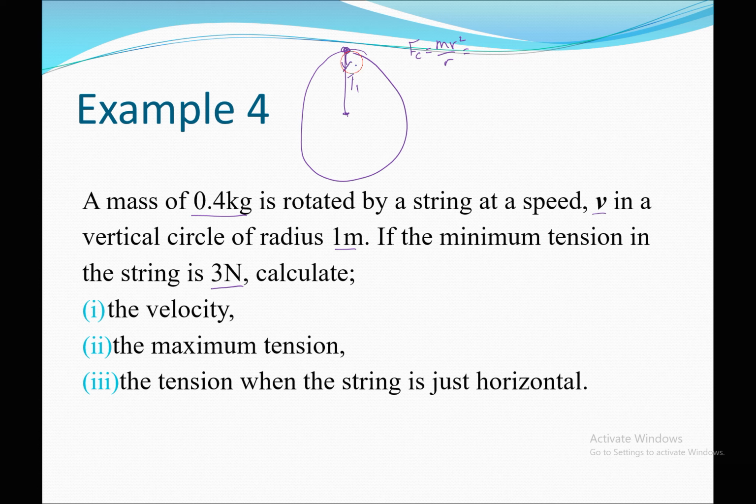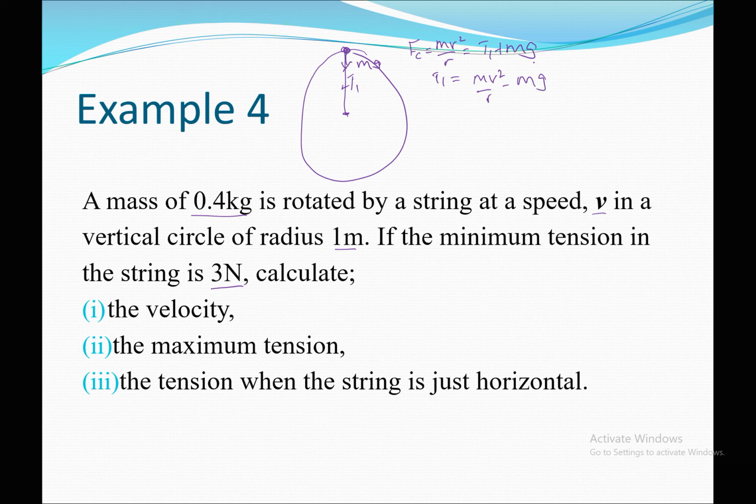The weight was acting vertically downwards, and the tension was also acting towards the center of the circle. So it is T1 plus mg. So it means T1 is equal to mv squared over r minus mg. So that is the minimum tension.